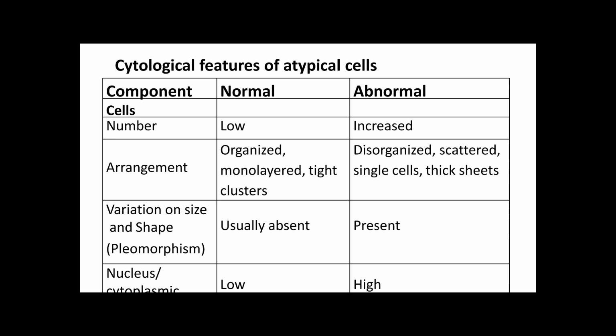But in the abnormal condition, the cells are disorganized because there is no similarity or organization among the cells, and sometimes we can see scattered, single cells. And the other thing, we can see thick sheet-like structures.